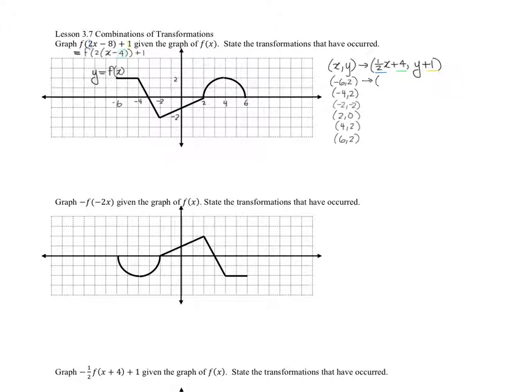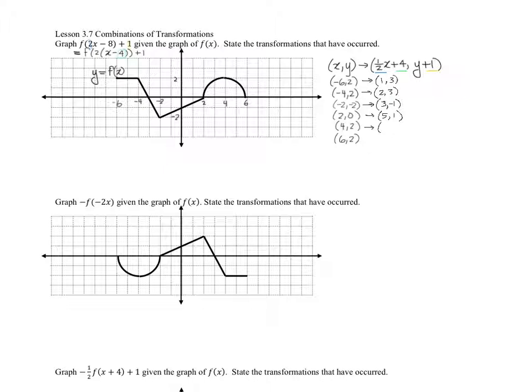So we have -3 plus 4 is 1, 2 plus 1 is 3, -2 plus 4 is 2, 2 plus 1 is 3, -1 plus 4 is 3, -2 plus 1 is -1. We have 2, 0 is going to become 5, 1. Okay.